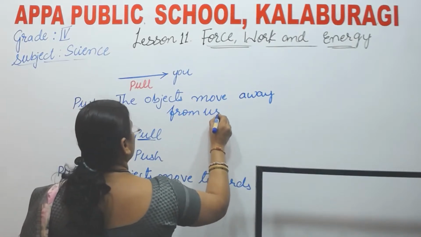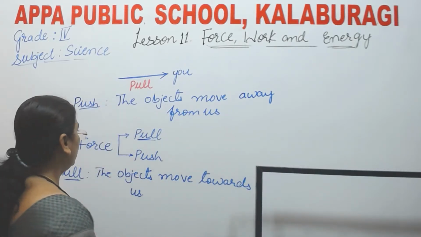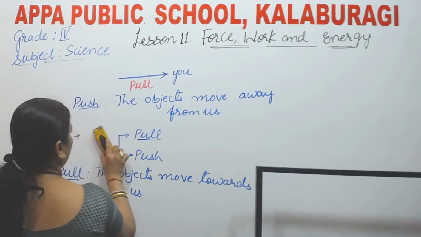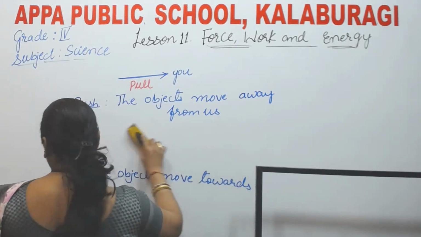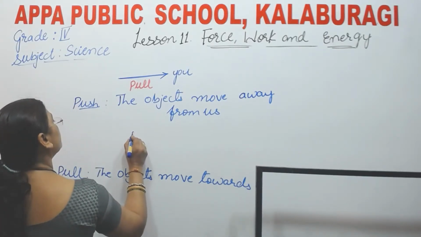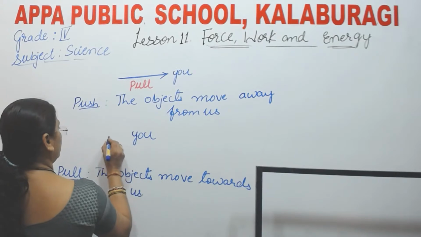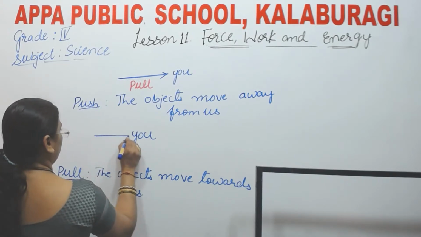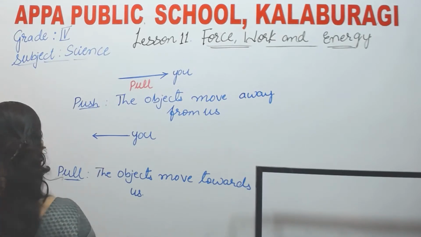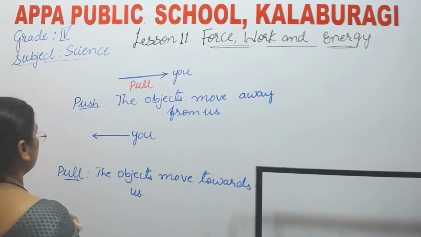That is called push. Okay, children? The same way, suppose you are here and the object is here. How can you show the direction? The objects are moving away from you, and this is known as push.